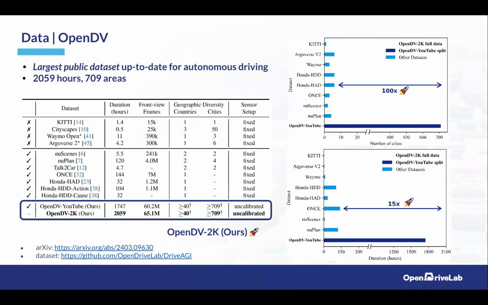In most cases people drive on highways, especially in Western countries, but in China or some developing countries, people mostly drive in urban cities. So this is a very natural distribution, and we don't do much balancing.